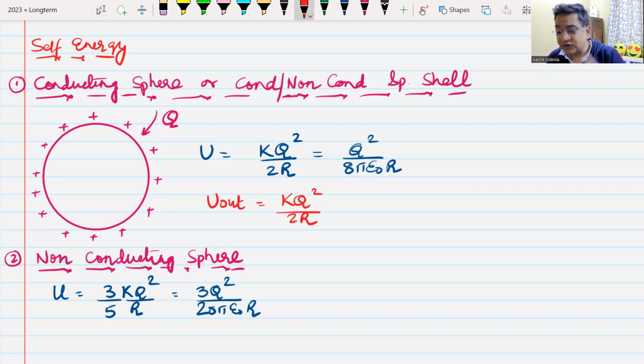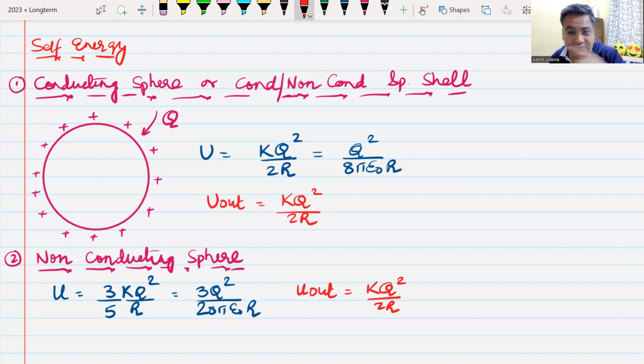For a non-conducting sphere, the electric field exists inside also, and outside also. Inside, outside, both sides. How much is the energy inside, and how much is the energy outside? Remember, energy outside will be the same as that one, kq square by 2r.